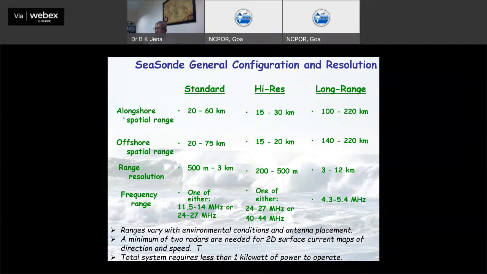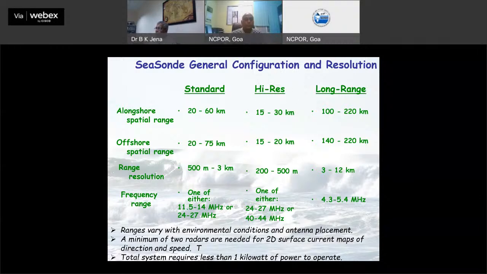The standard system has a range of say 20 to 60 kilometers. This is user friendly. You can operate based on your frequency, which is say 11 megahertz to 27 megahertz. Based on that, your kilometer range and spatial resolution, as well as the alongshore and offshore range, are fixed, and you can change them based on your applications.